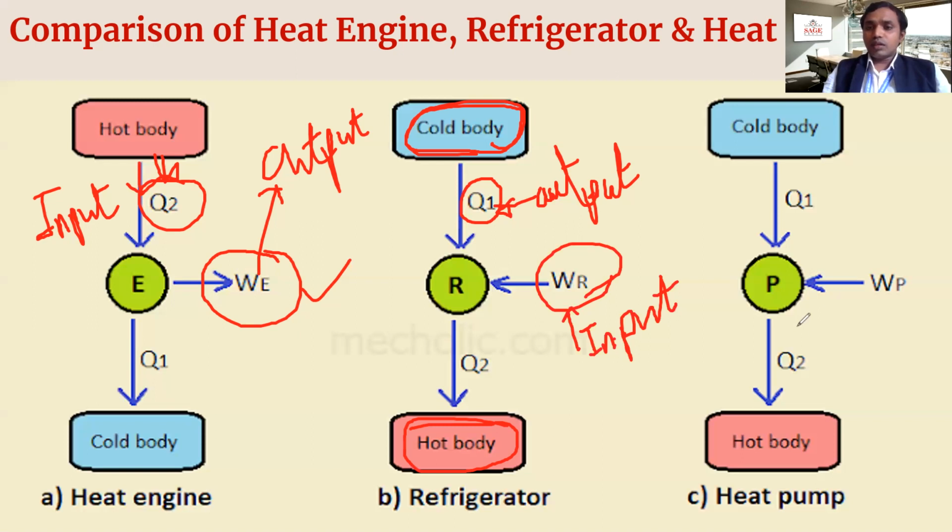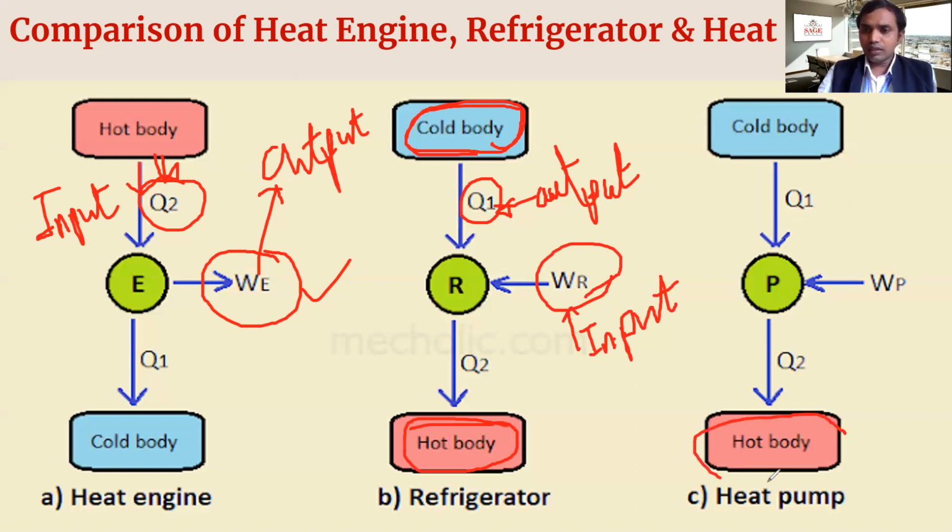Now the third one is the heat pump. In case of heat pump, our objective is how much heat is rejected to a particular space which is to be maintained at a high temperature.